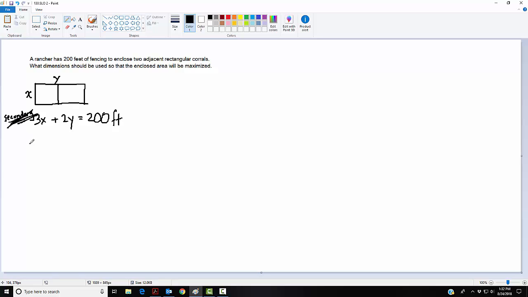The one that we're going to find the derivative of is area, because the wording here says that we want the enclosed area to be maximized.